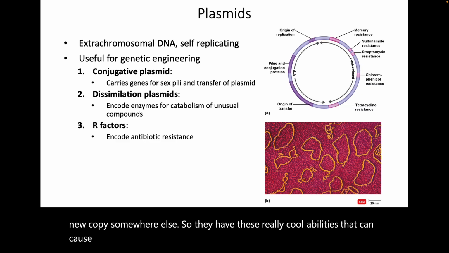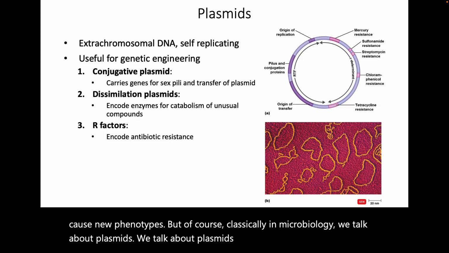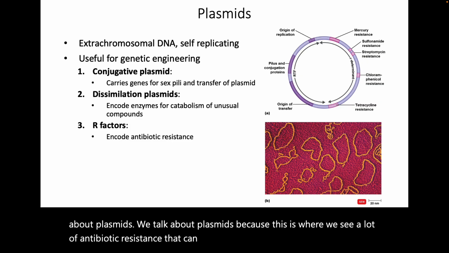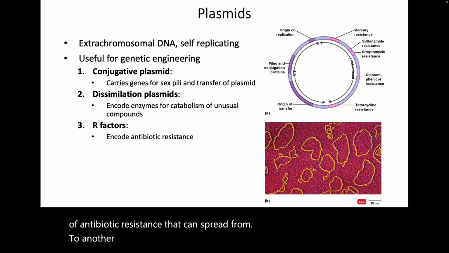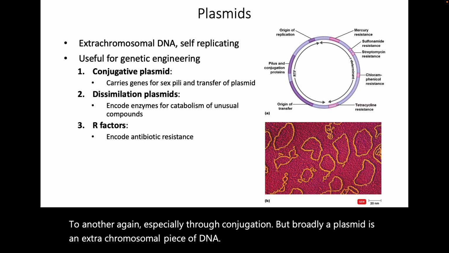But of course, classically in microbiology, we talk about plasmids. We talk about plasmids because this is where we see a lot of antibiotic resistance that can spread from one cell to another, again, especially through conjugation. But broadly, a plasmid is an extrachromosomal piece of DNA, and it is self-replicating.